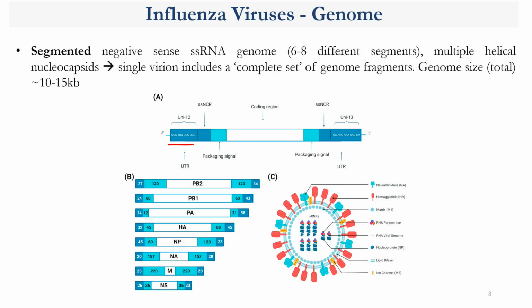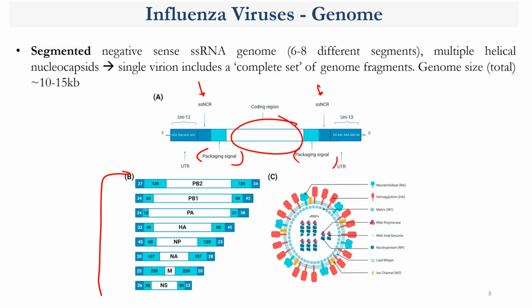So there's some complementarity between these regions, and basically what it does is it helps fold the genome like this. Okay? Instead of having this long segment, you make the RNPs like this. Okay? And you have your non-coding region on both ends. You have packaging signal as well as the coding region.